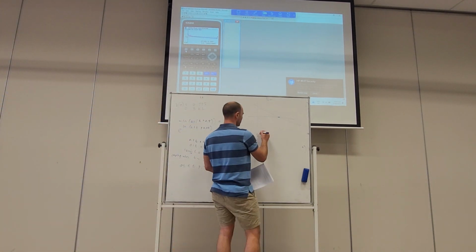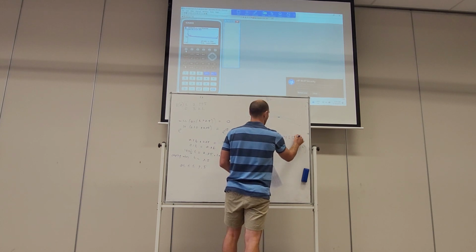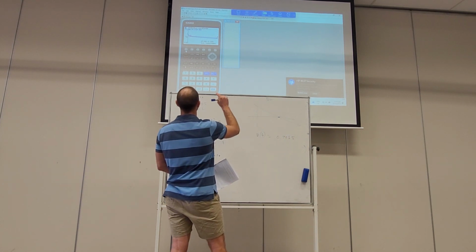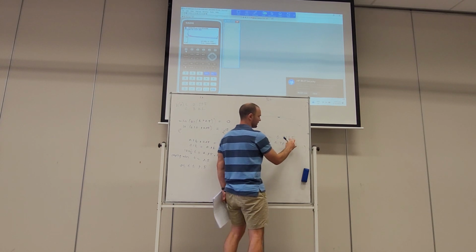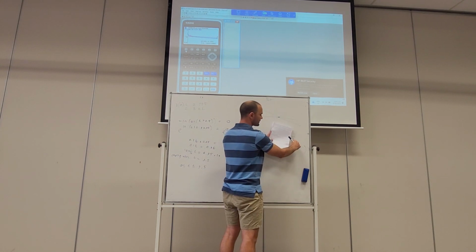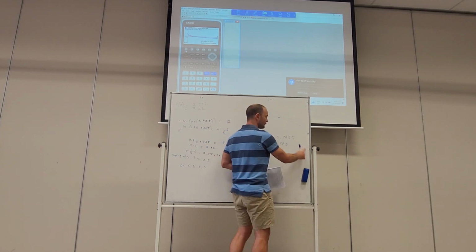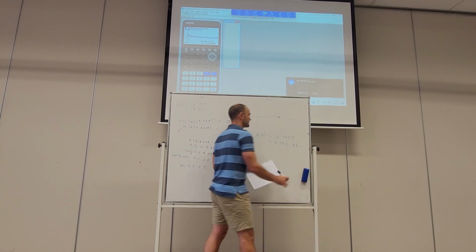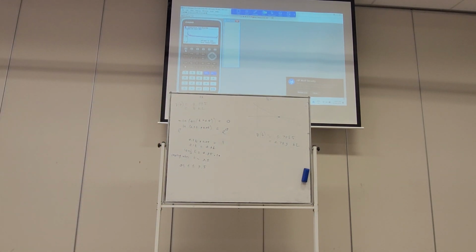So the volume when time is 4 is 0.7985, which is 0.799. Right to 4 figures, 5 rounds up, which means 8 goes up to 9. Volume is in kilolitres. So volume after 4 minutes, there we go.